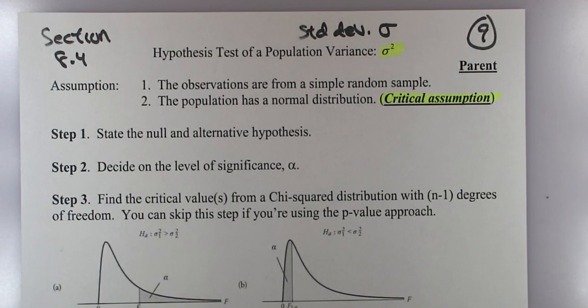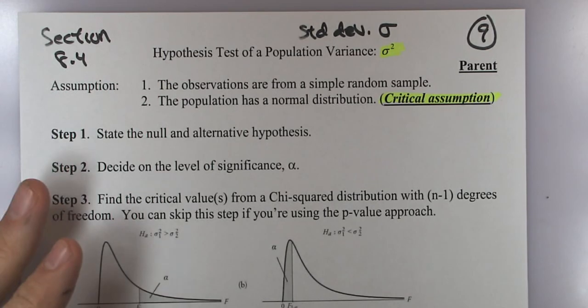So how do you check whether or not something has a normal distribution? What could you do? Graph it. What else? Normal quantile plot, or more than one outlier probably means that it's not normally distributed.